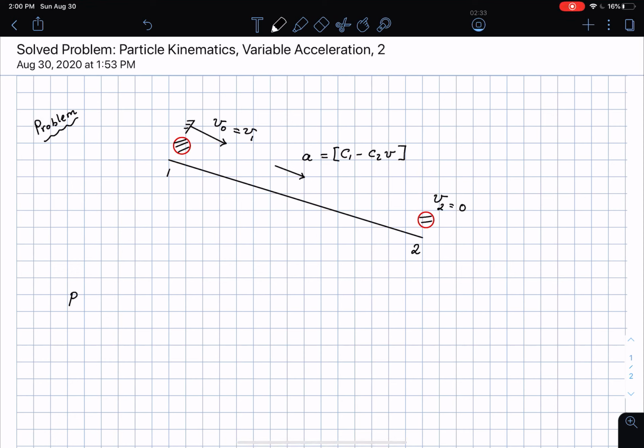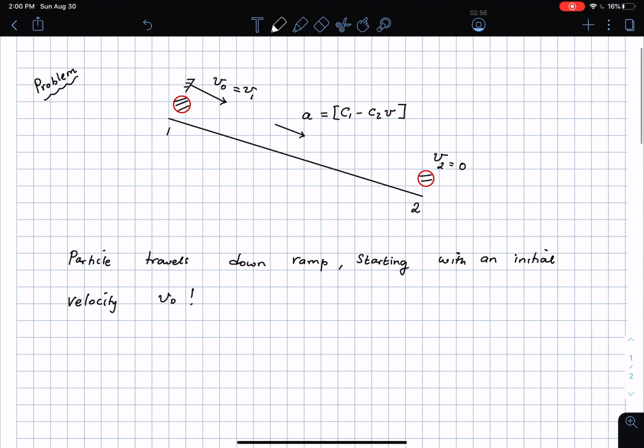A particle travels down the ramp, starting with an initial velocity v naught. The particle faces an acceleration in the direction shown.